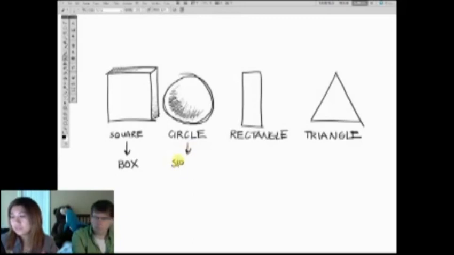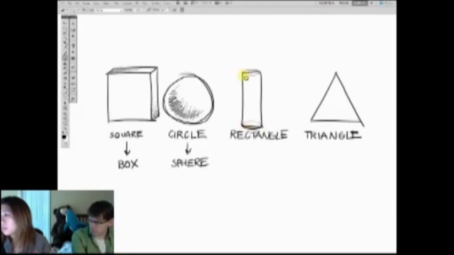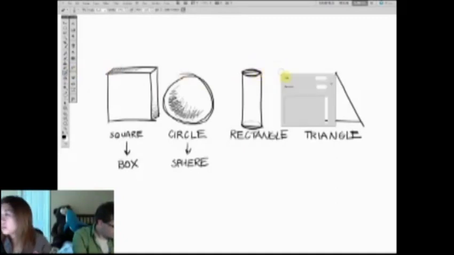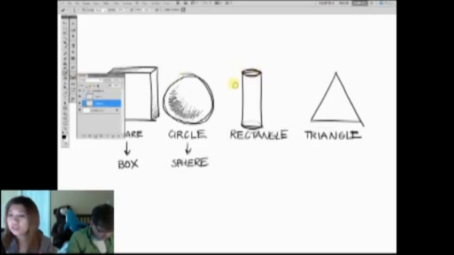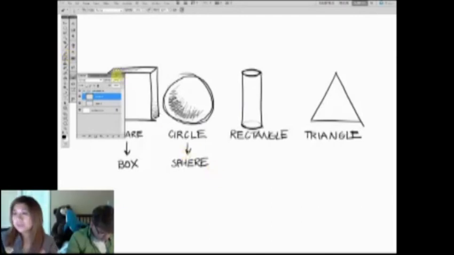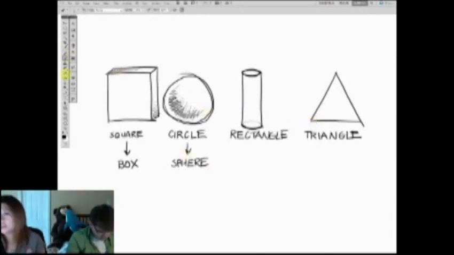My circle becomes a sphere. My rectangle becomes a cylinder, and my triangle becomes a cone.